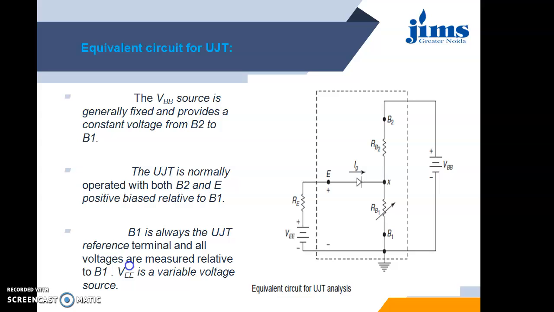Since it is an N-type device, the negative terminal of the battery VBB is connected to base 1, whereas the positive terminal is connected to base 2. The PN junction is also forward biased: VEE is connected in such a way that the positive terminal of the battery is connected to the anode, due to which current flows, which is given as IE.